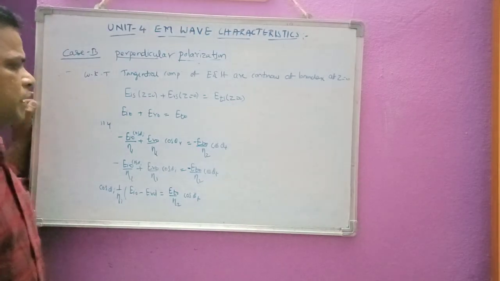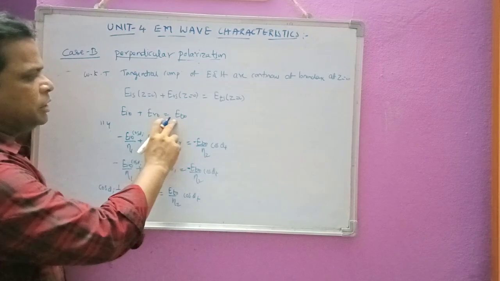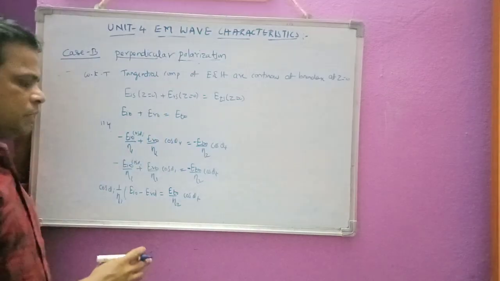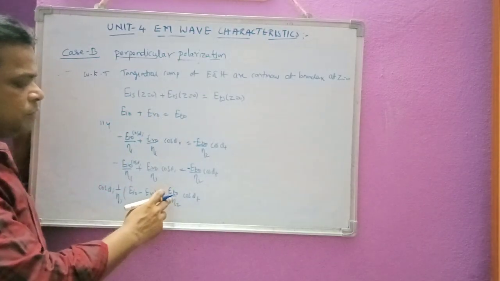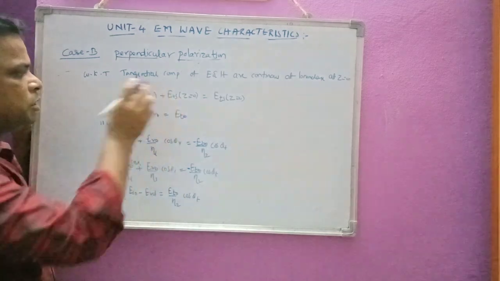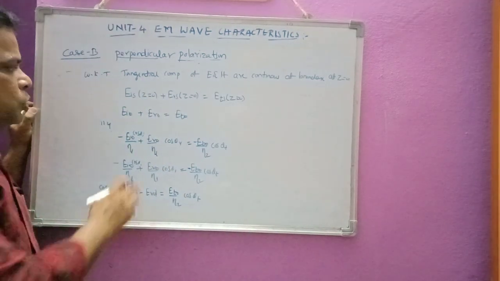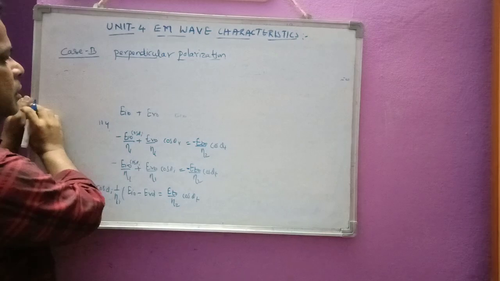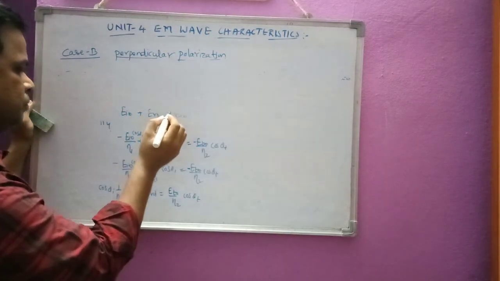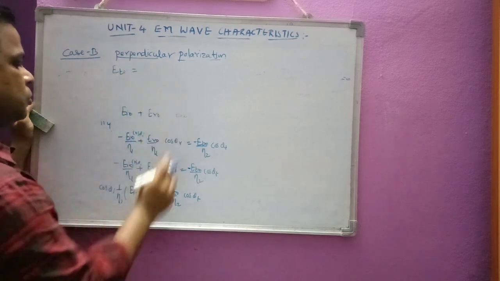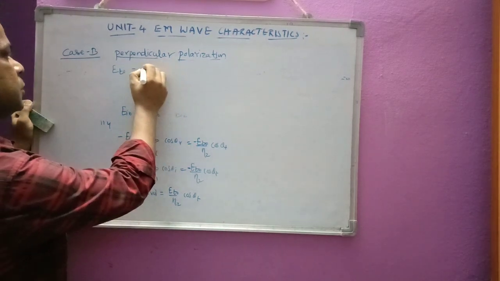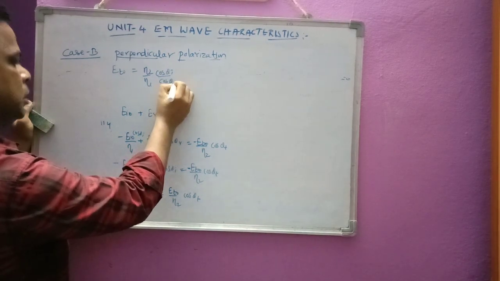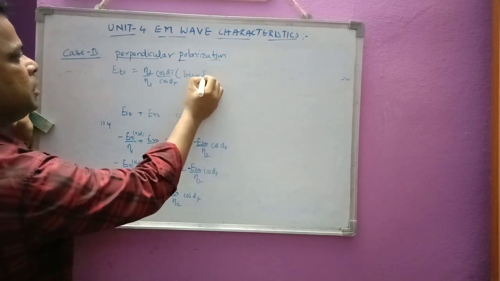In order to do that, I have to remove Et0 from the equations. I take this Et0 and substitute it here, and we will get the equation in terms of Ei0 and Er0. So Et0 is equal to eta 2 by eta 1 cos theta i by cos theta t into Ei0 minus Er0.